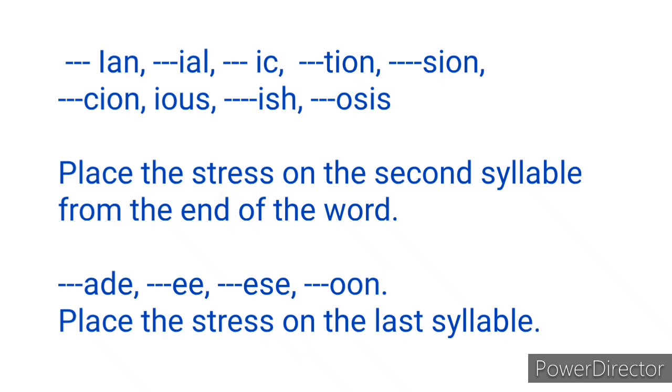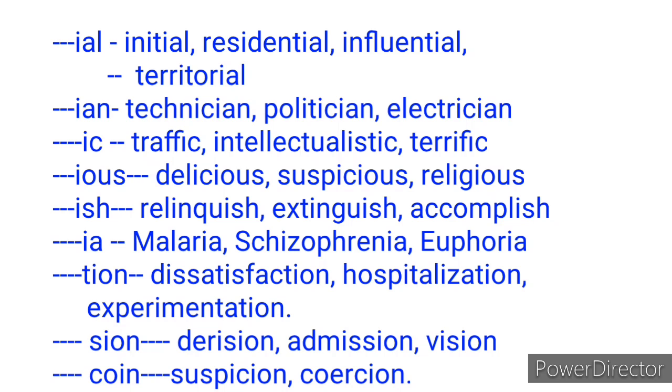Now let's look at examples of words that end in IAL. We have initial, residential, influential, territorial. They all have their stress on the second syllable from the end. In the word initial, the stress is on ni.